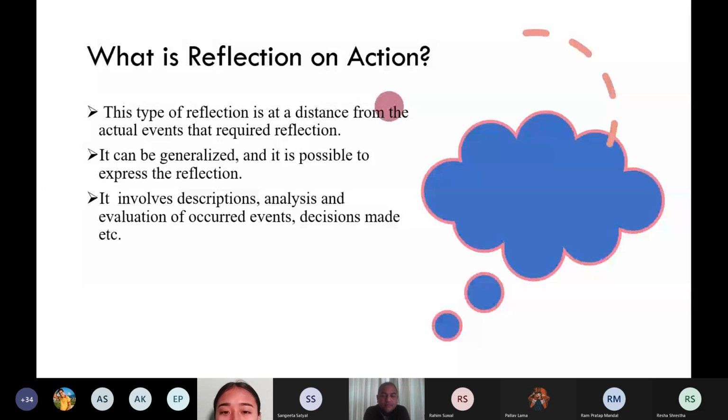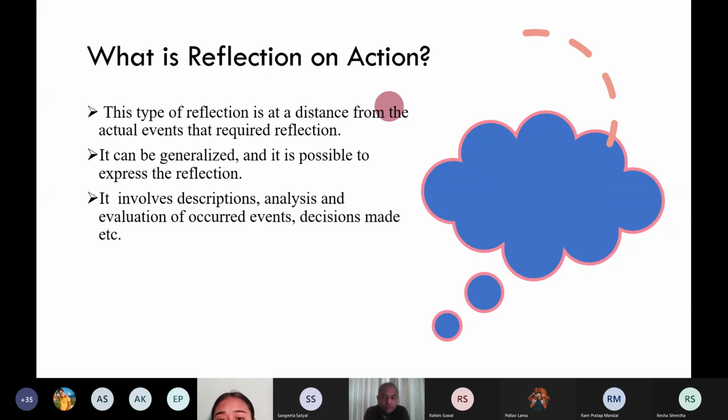And the next one is reflection on action. This type of reflection is at a distance from the actual event that required reflection. It means it involves stepping back from the situation. It can be generalized and it is possible to express the reflection.